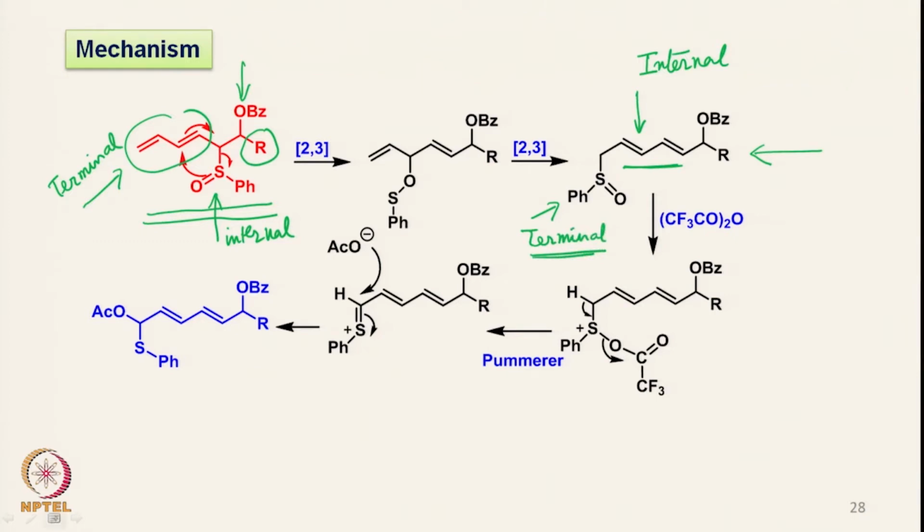Now if one looks at only this part which I have encircled with blue pen, it is allyl sulfoxide. So that undergoes allyl sulfoxide sulfinate rearrangement to form this unit which is now allyl sulfinate ester.